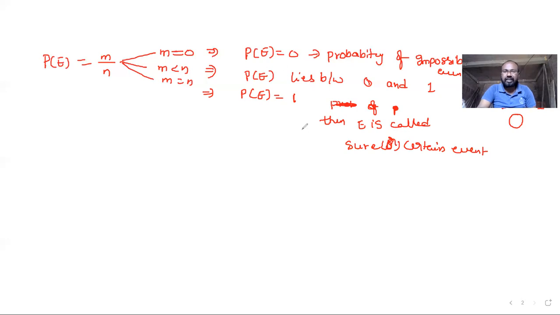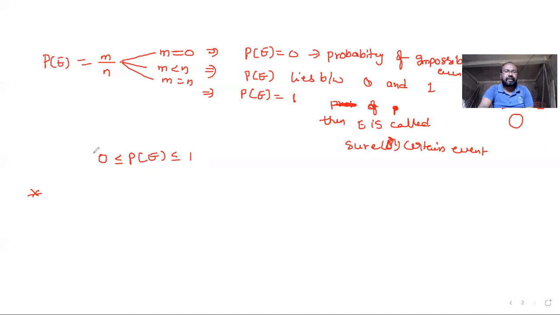So from these three things, we can say that the probability of any individual event is either 0, or equal to 1, or lies between 0 and 1.